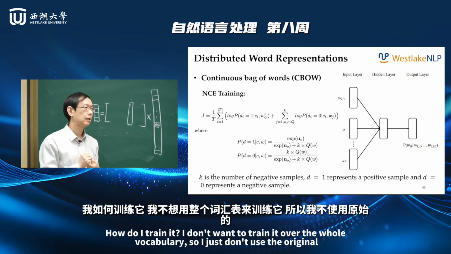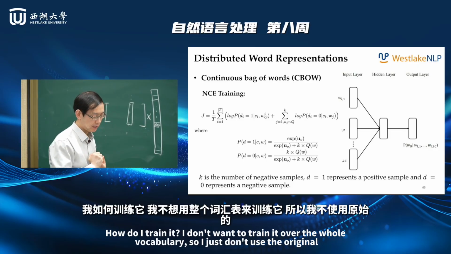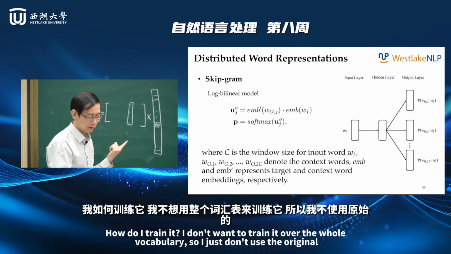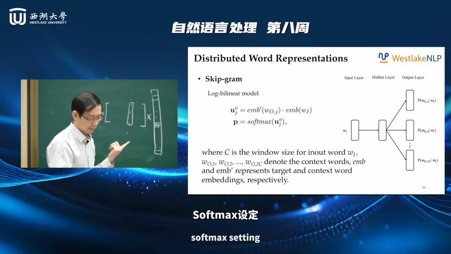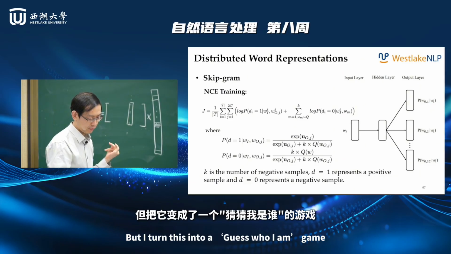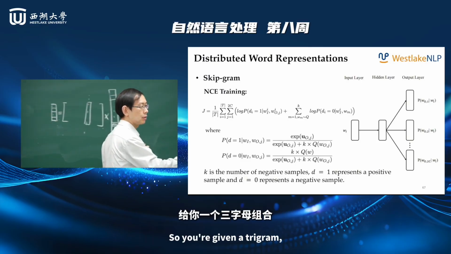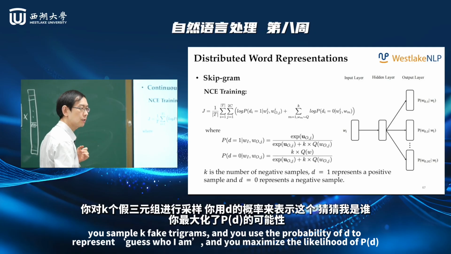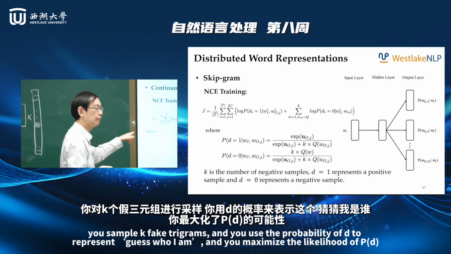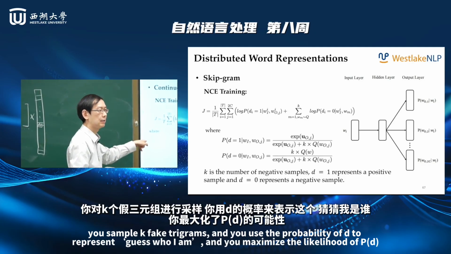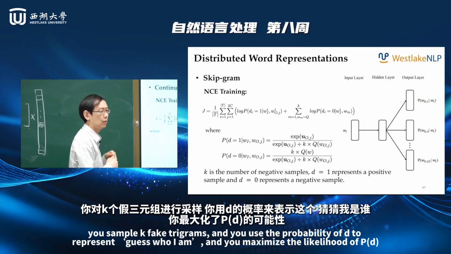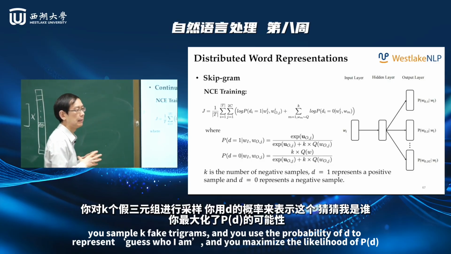I don't want to train it over the whole vocabulary, so I don't use the original softmax setting, but I turn this into a guess-who-I-am game. You're given a trigram, you sample k fake trigrams, and you use the probability of D to represent guess who I am, and you maximize the likelihood of P_D.